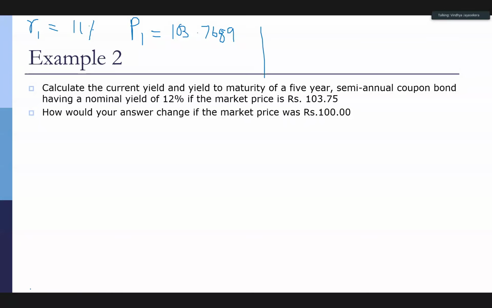And for R2, it was 11.25%. We got P2 equals 102.8097.